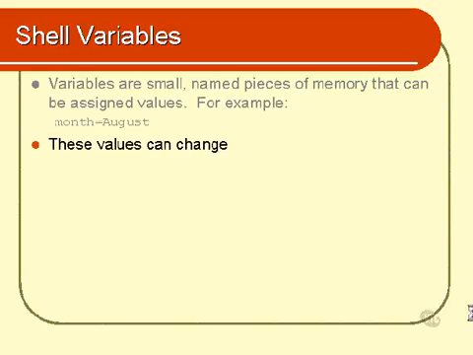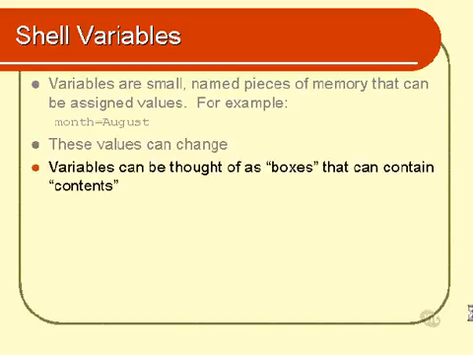One way that I like to think about variables, and one way that I like to explain to people that don't know what they are, is that a variable can be thought of as a little box, and you can put things in the box. The box might actually have a label on the front of the box. So if we relate that back to our month example, we have a little box that represents the variable month. The box has a label on the front of it.